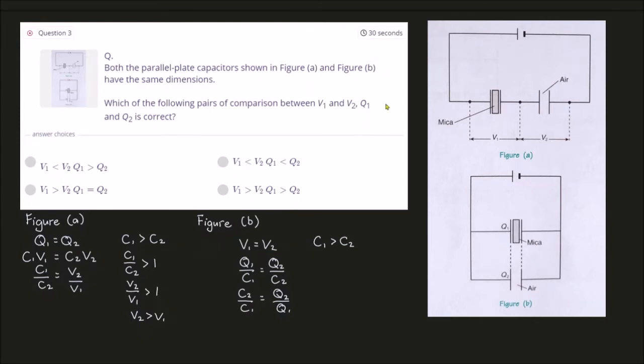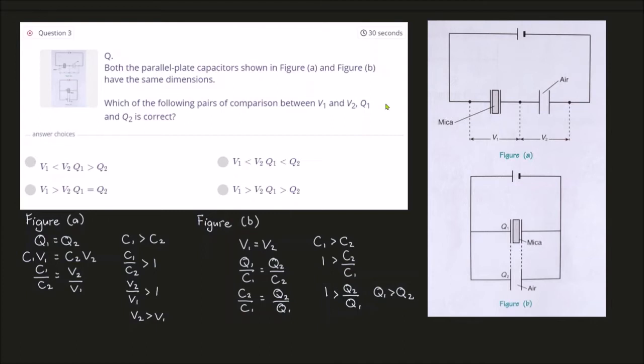From there, we know that C2 over C1 will be smaller than 1. If C2 over C1 is smaller than 1, then Q2 over Q1 will be smaller than 1, and that means Q1 is greater than Q2.